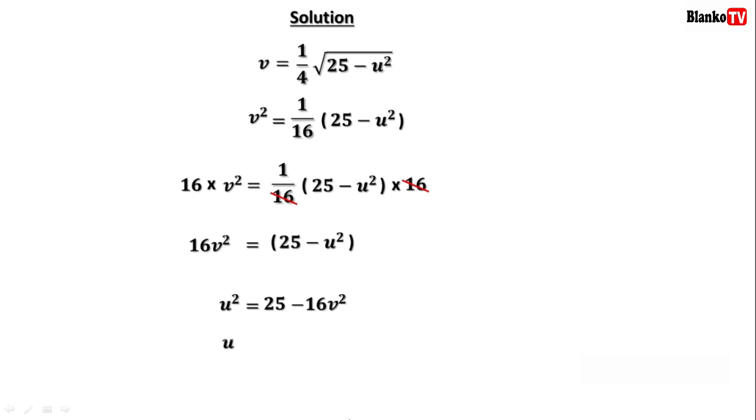So now our u is going to be the square root of 25 minus 16v squared. So to make u the subject of the relation v equals 1 over 4 multiplying the square root of 25 minus u squared, u is going to be the square root of 25 minus 16v squared.